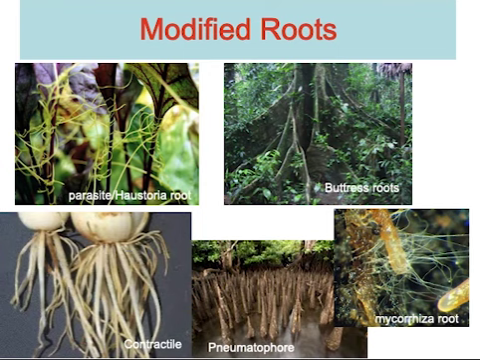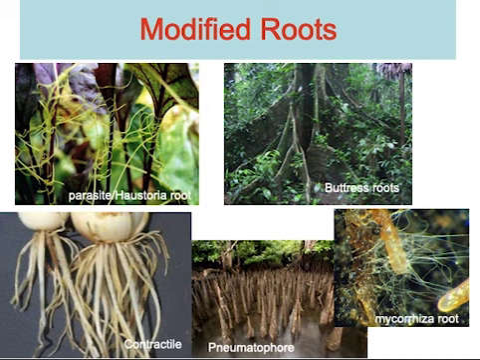Okay, so now look at the modified root. The first picture here shows the parasite root. The haustorium roots penetrate the tissue of a host cell and absorb nutrient and water from its host.